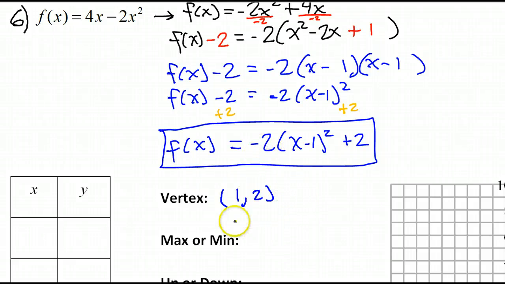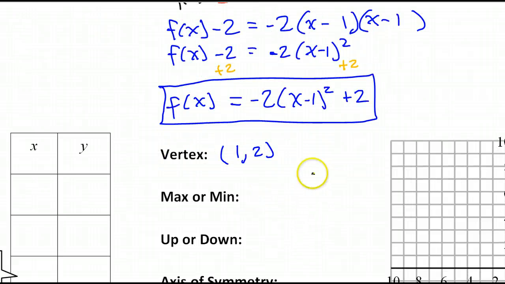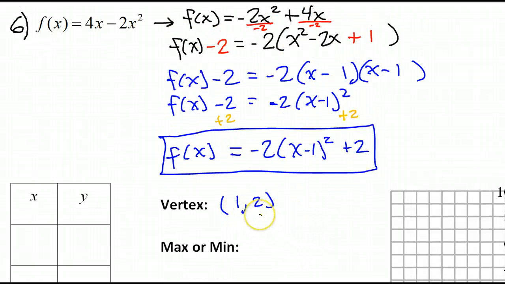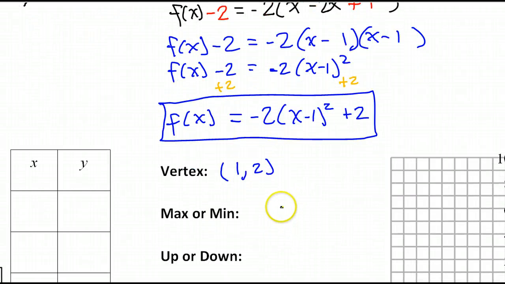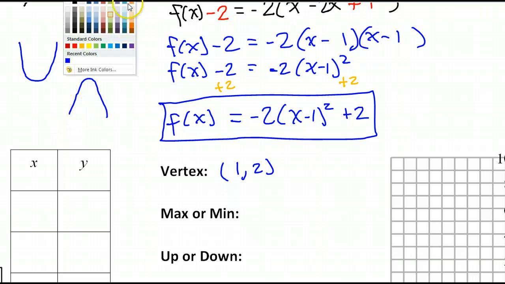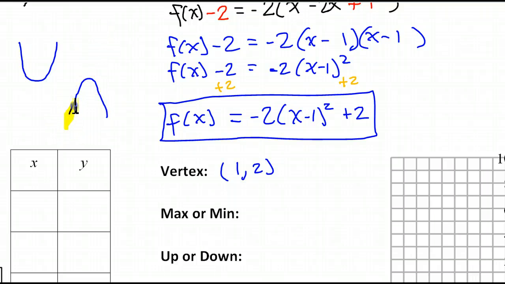Now, I'm going to go ahead and ask you for the additional information this time that I didn't ask you on 1 through 5. Is this parabola going to be facing up or down? Right? Is it going to be a right side up parabola, or is it going to be an upside down parabola? Alright, this one's going to be an upside down parabola like this. I know that because of the -2 that's in the front.